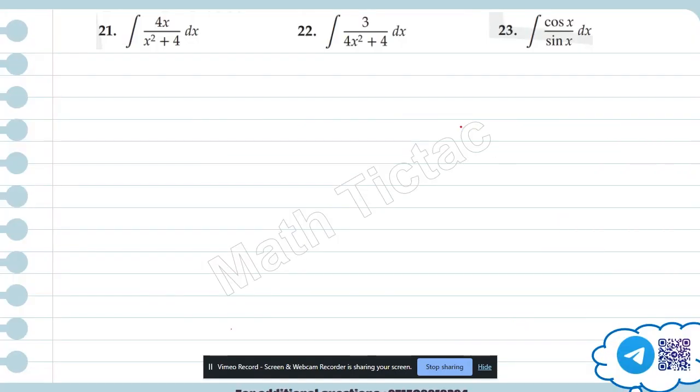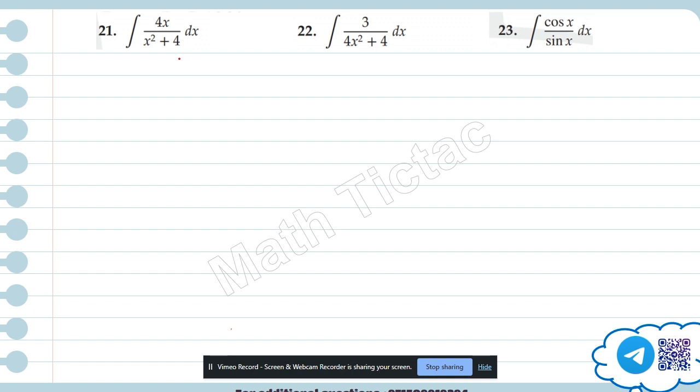So, finding the antiderivative, or the integration. Let's start with question 21, for example. If you have a rational function, you have to think about two things. First, the inverse functions: tan inverse, sine inverse, cosine inverse.